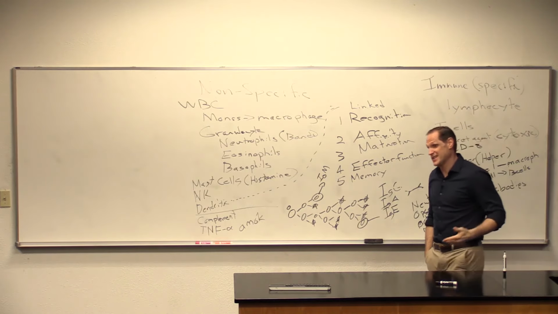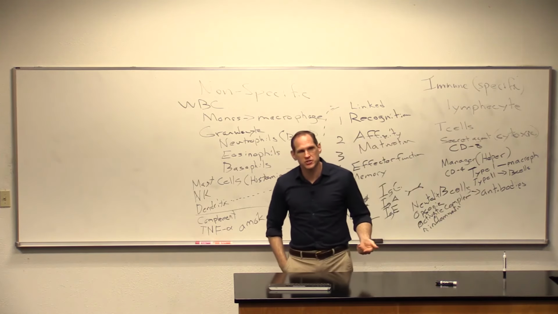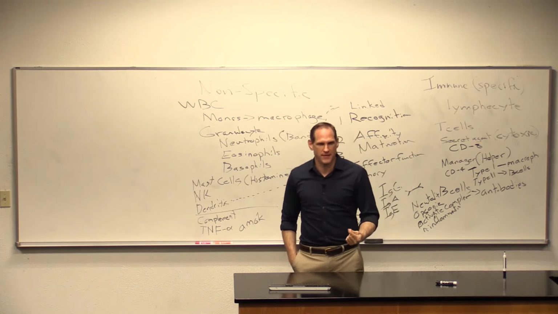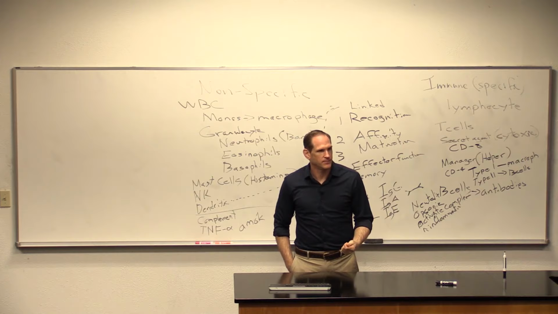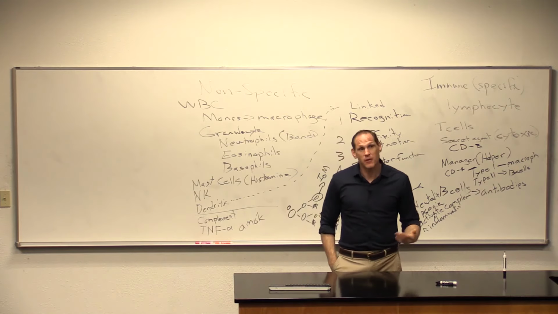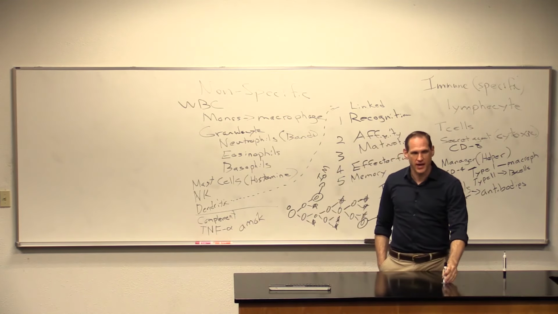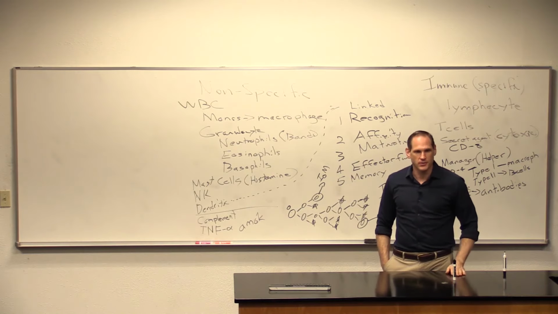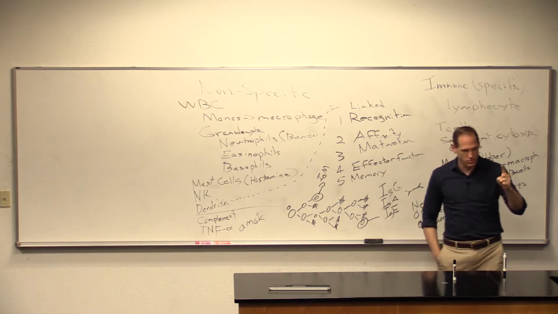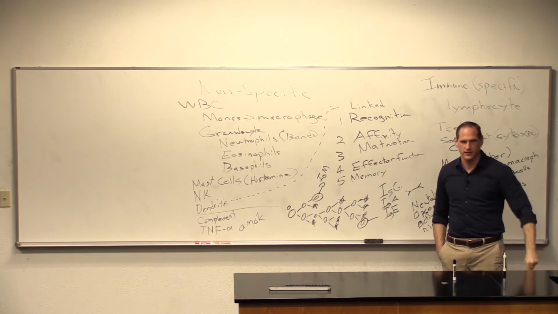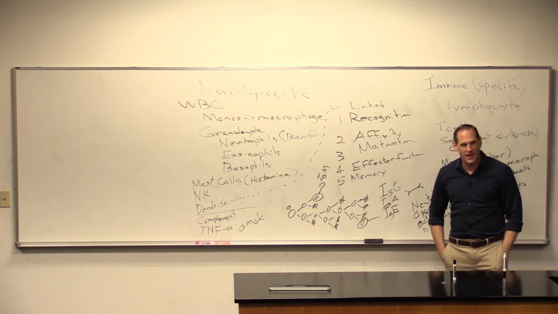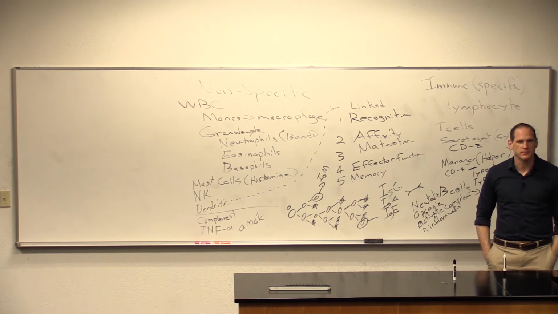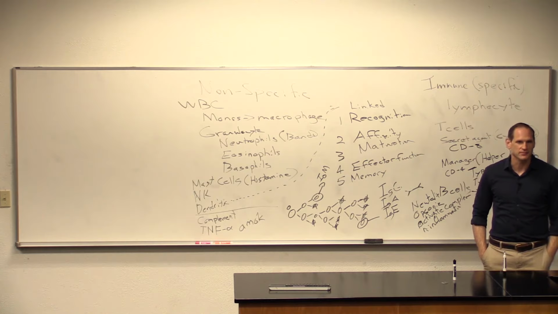Now, on the test, when I say list the 4 functions of antibodies, that doesn't mean list the 4 types of antibodies. What does it mean? List the functions. If I want to know the types, then I would say list the types of antibodies. So make sure you read the question carefully. Because if you answer the wrong way, I'm not going to say, oh, you're so smart. I'm going to say, you don't know the answer. That's why you're just writing whatever.